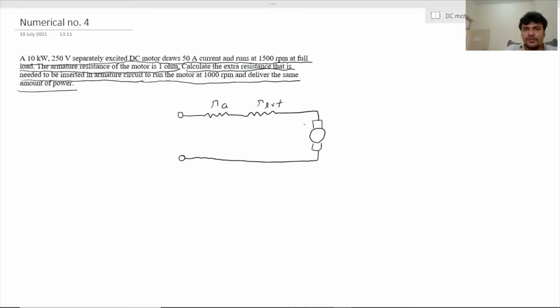Here it is EB, and this motor should run at 1000 rpm. We don't know what the new current will be, but we know the input voltage. Input voltage we are not changing.